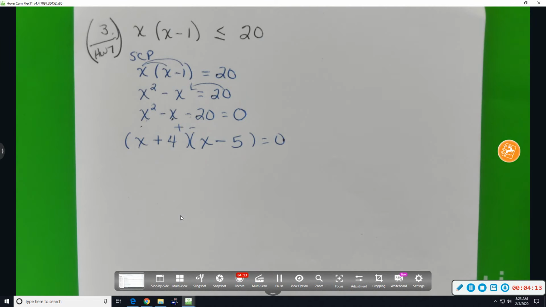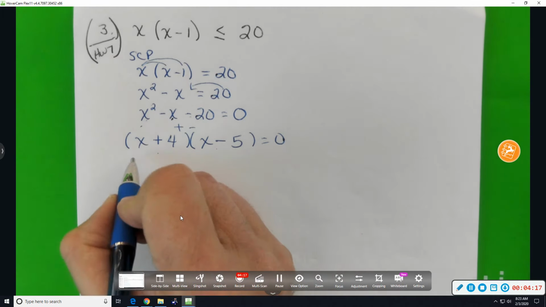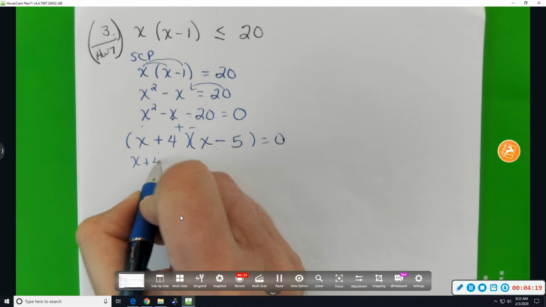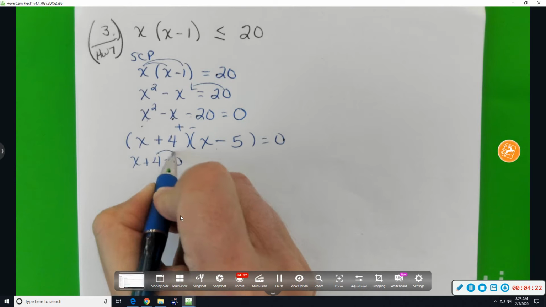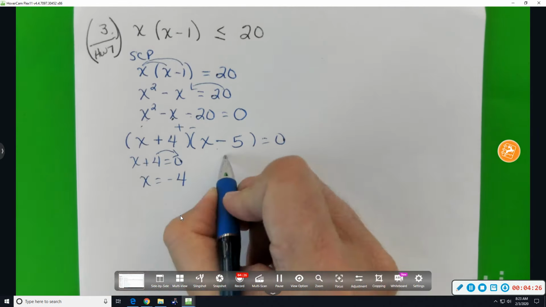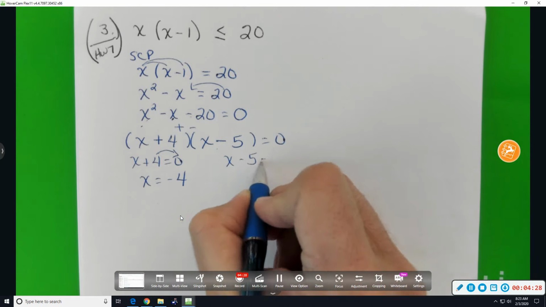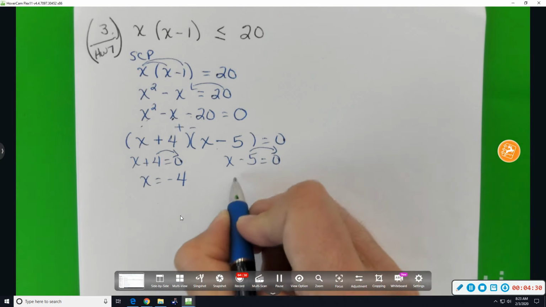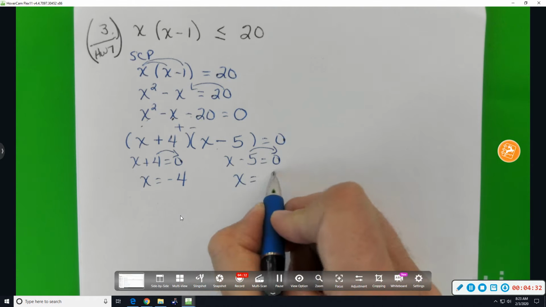Any questions? Now set each one of these factors to 0. And we get x equals negative 4. And x equals, is that going to be a positive 5?